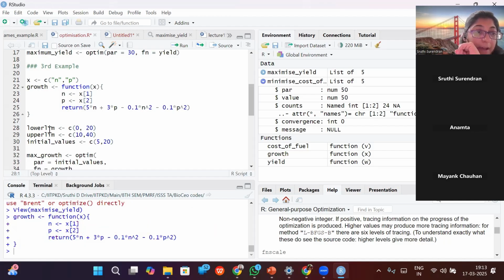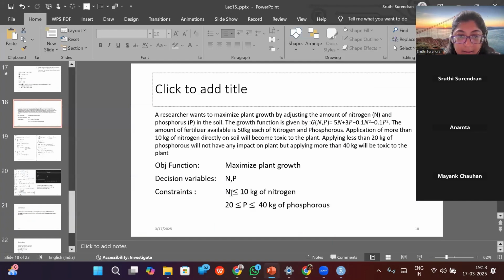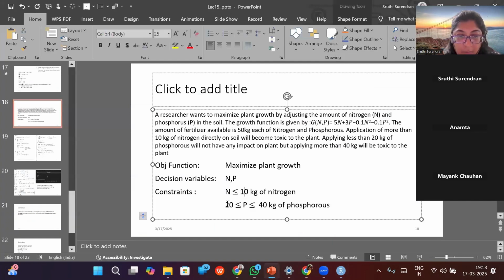Now we have upper and lower limits here. Our lower limit is 0 for nitrogen and 20 for phosphorus. So that is what we have here.